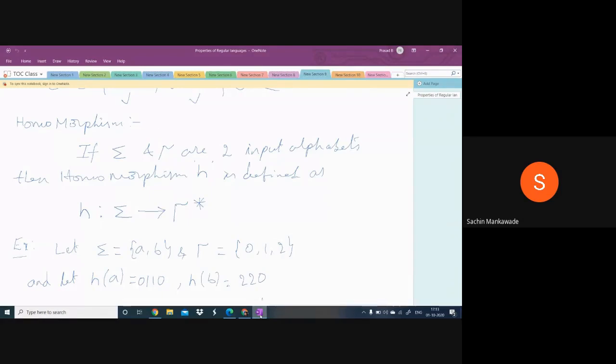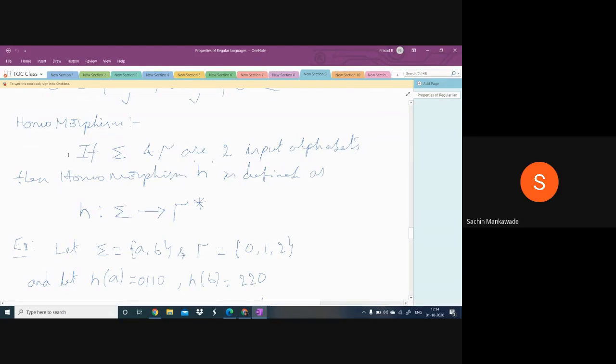Homomorphism is a process of substitution in which an input symbol is replaced by a string. An input symbol is replaced by a string.